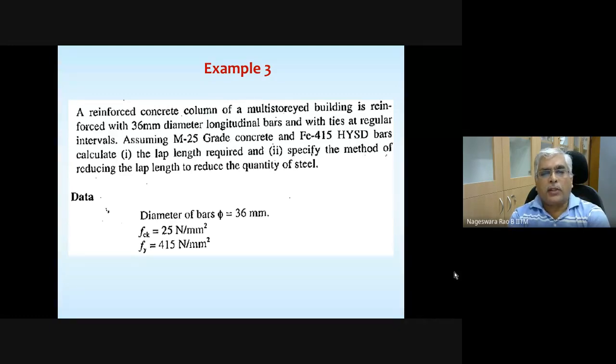A reinforced concrete column of a multi-storied building is reinforced with 36 mm diameter longitudinal bars and with ties at regular intervals. Anyway, we have not looked at design of column, but we will be looking at it before the end of this course.